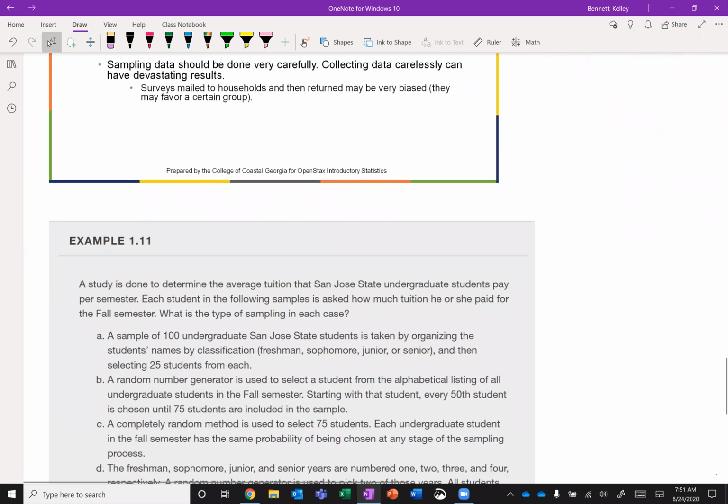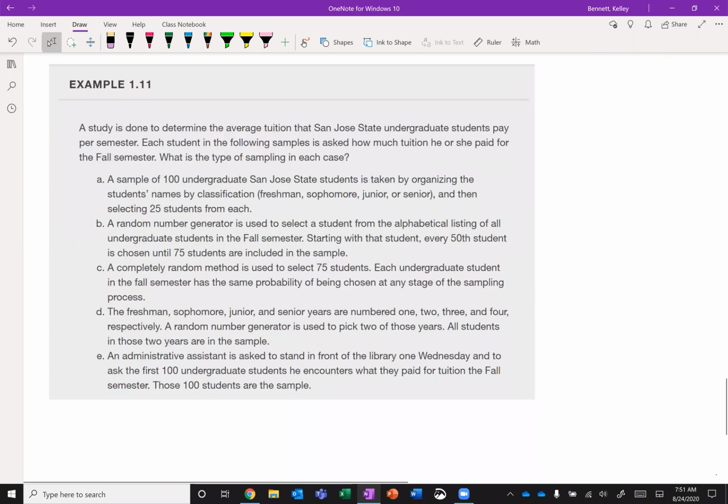All right, so let's do some examples and determine which kind of sampling we have for each of these. If we can just make a little cheat sheet right here.